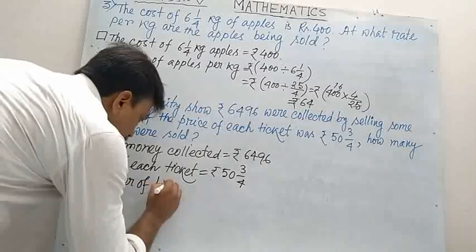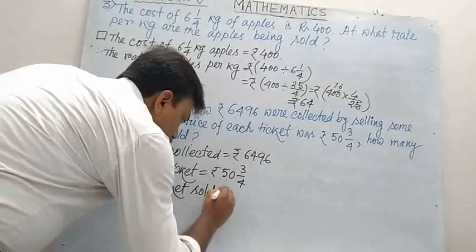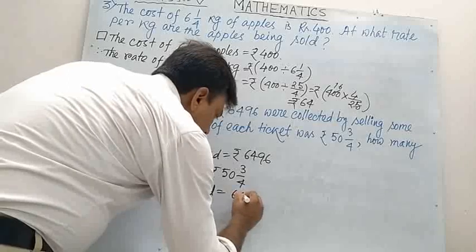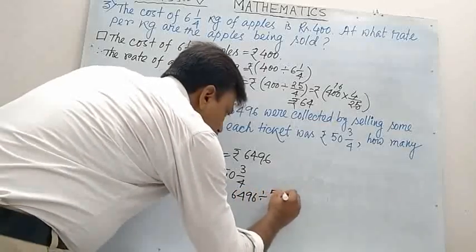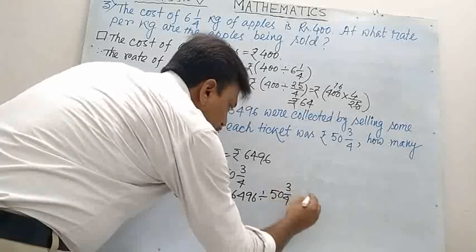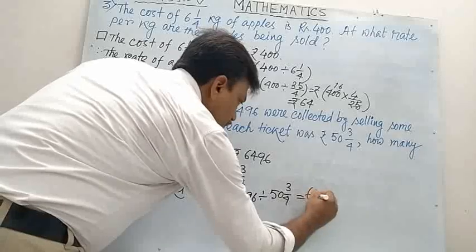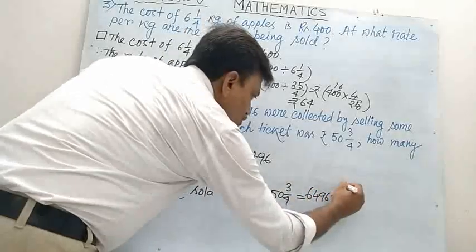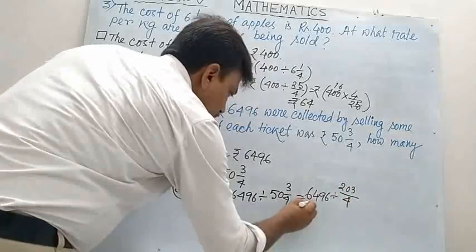Therefore, number of tickets sold, we have to divide 6496 by 50 whole 3 by 4, which equals 6496 divided by 203 by 4.